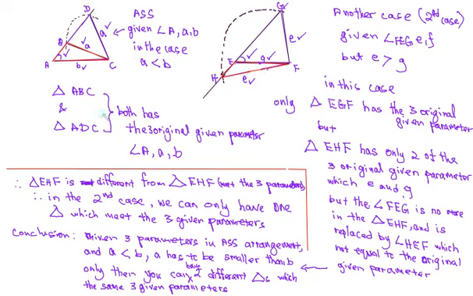Okay, now let's look at this case. Given three parameters, angle arranged in an ASS manner, angle E and G, these are all given. But in this case, the difference is E is larger than G. Now let's look at how this is constructed.